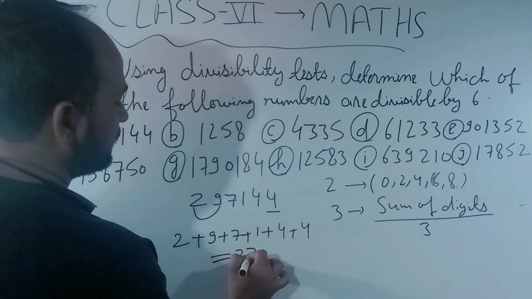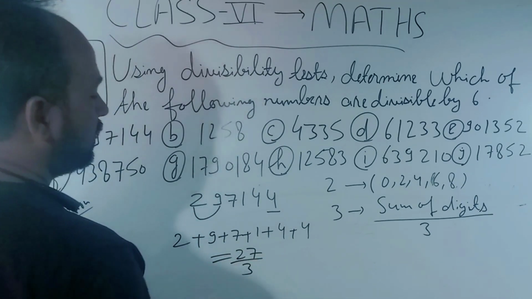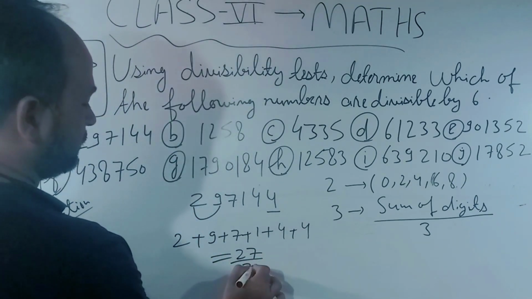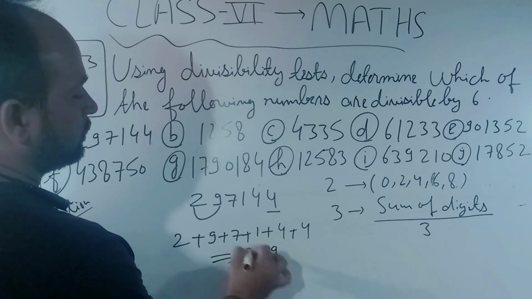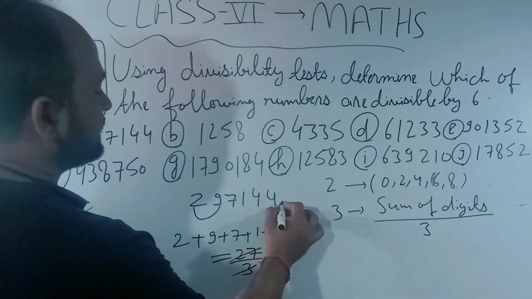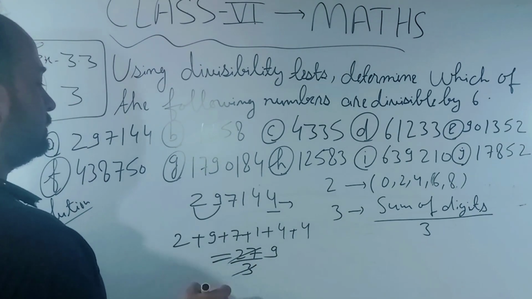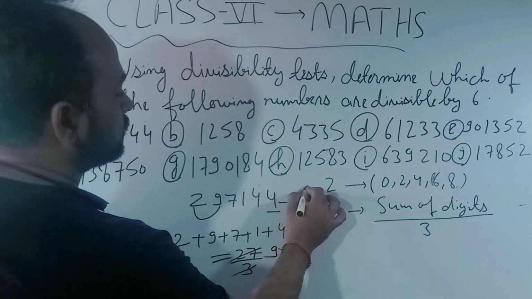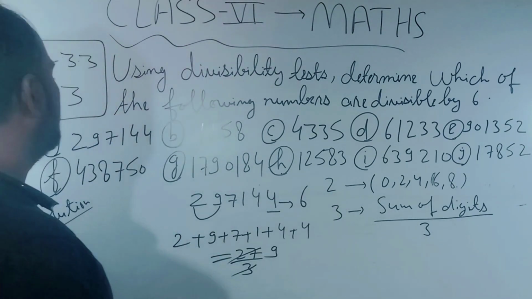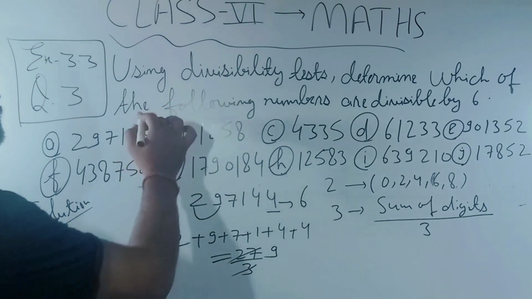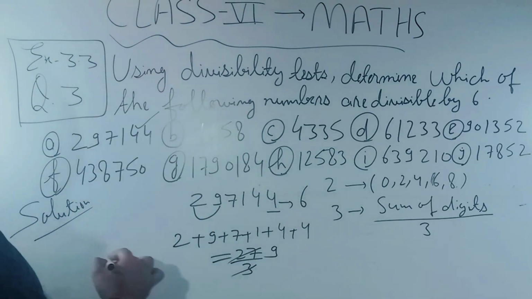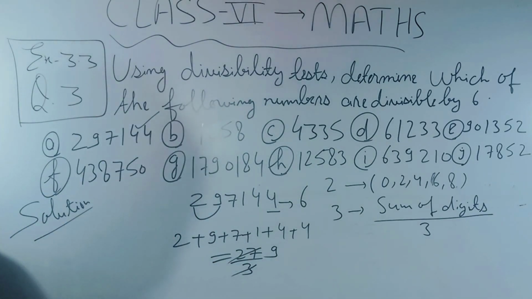And 27 is divisible by 3. Clear? So we can easily say this number is also divisible by 6. So we have done the checking.